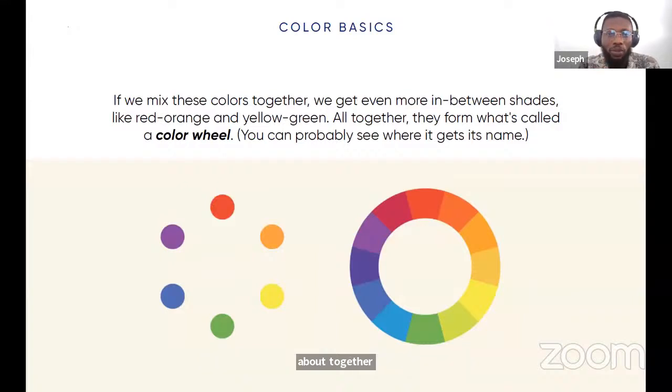Now, those options in between them gives you like red, orange, yellow, green, blue, bluish green, you know, all together they form what is called a color wheel. A color wheel is just exactly what you see on the image here.